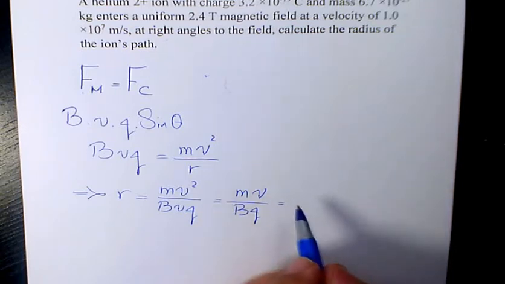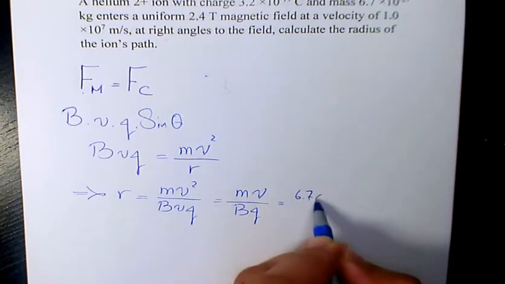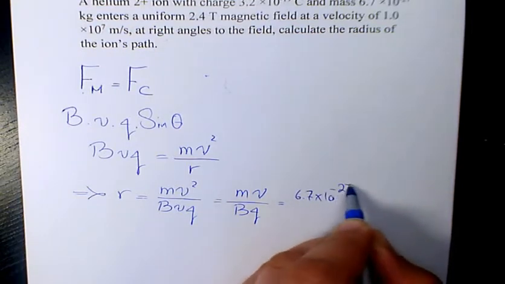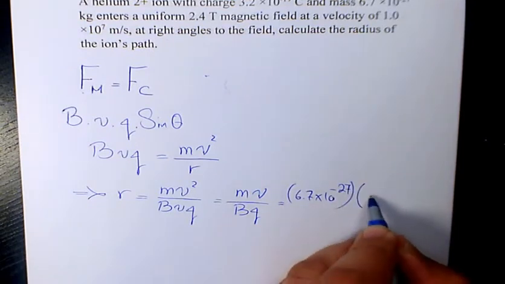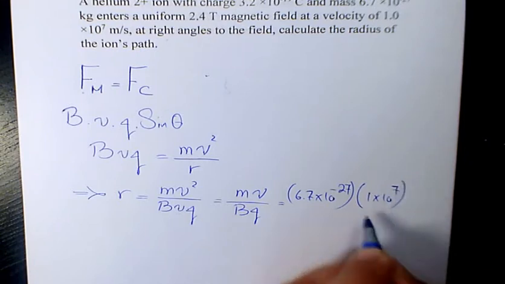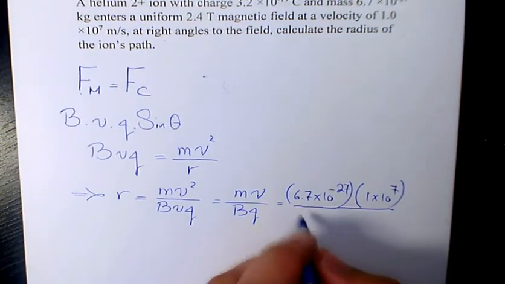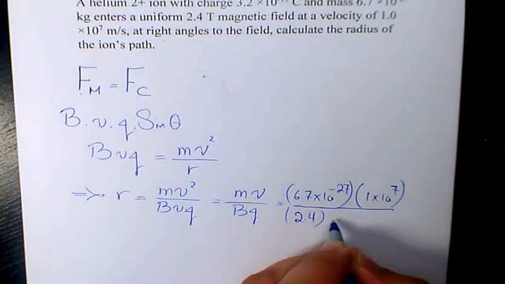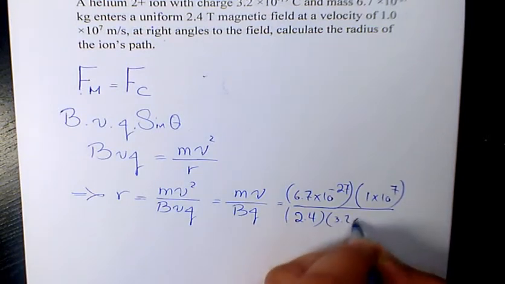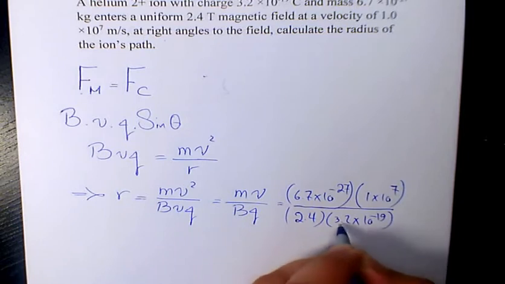M is mass, 6.7 times 10 to the power of negative 27. V is velocity, which is 1.5 times 10 to the power of 7, divided by B, which is 2.4, and Q is 3.2 times 10 to the power of negative 19.